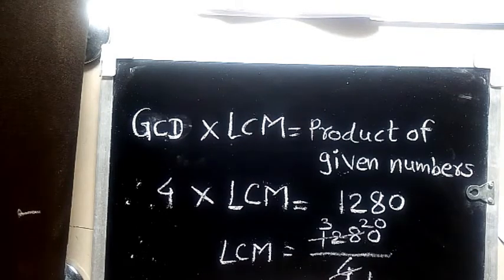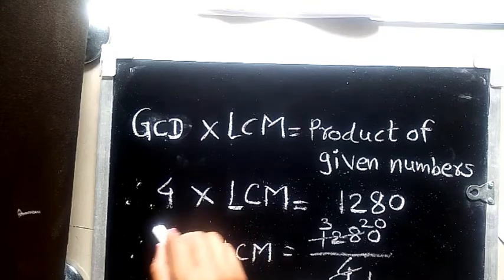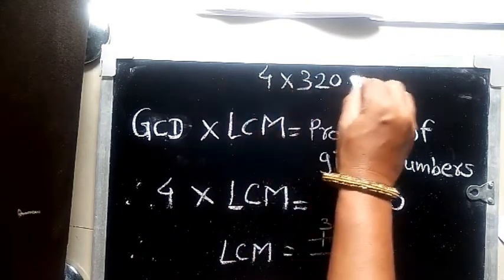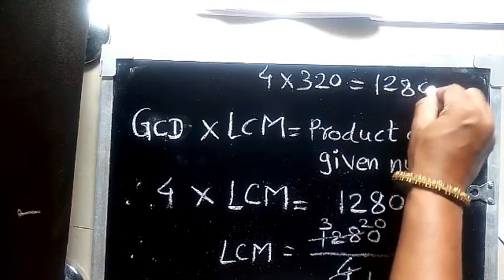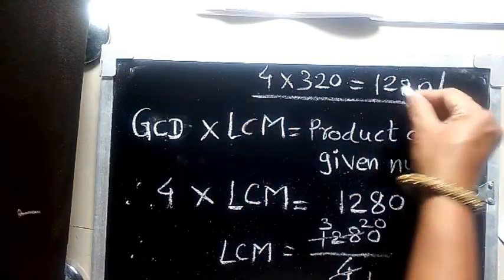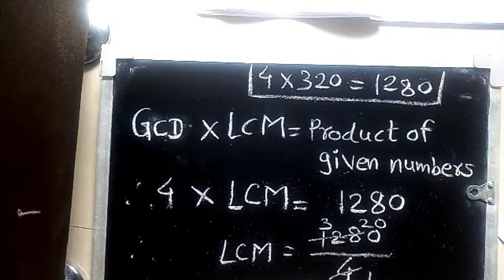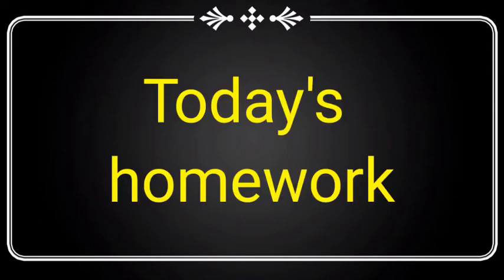LCM is 320. GCD 4 and LCM 320 multiplied is equal to 1280.